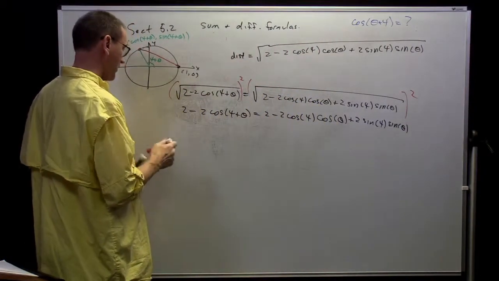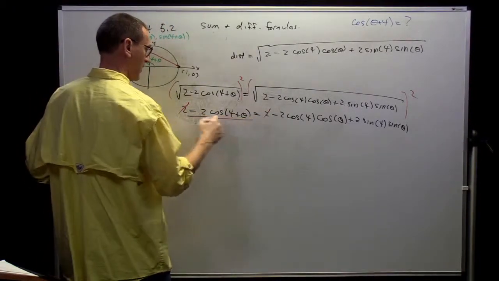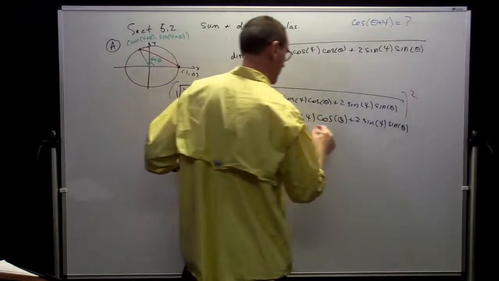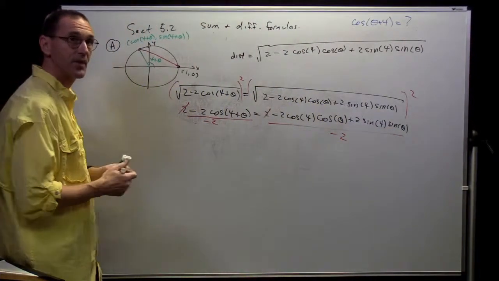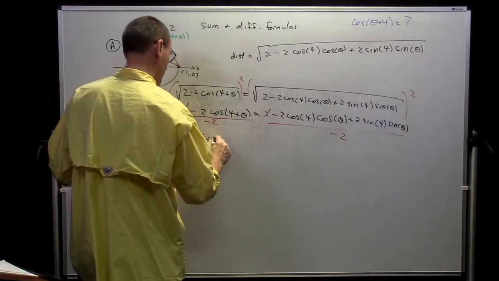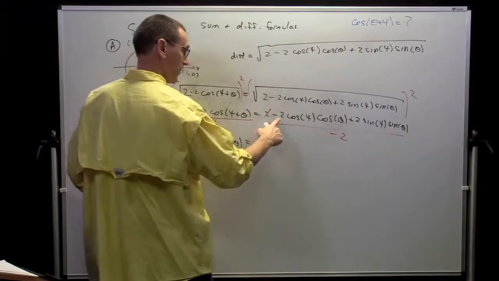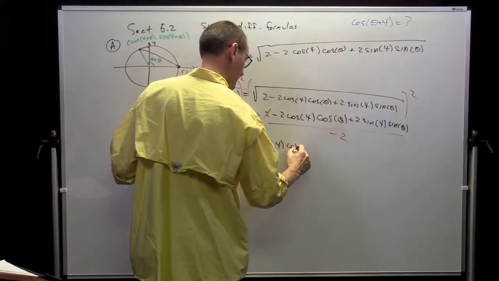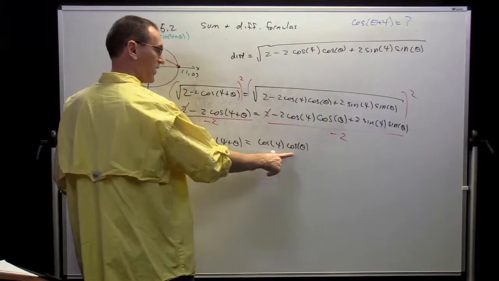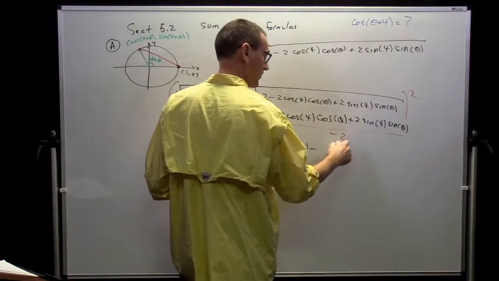Now, I can subtract 2 from both sides to get rid of that. I've got a minus 2 there. So I'm going to divide both sides by minus 2. If I do that, what do I get? I get cosine of psi plus theta. And the minus 2's are going to cancel. So I'm going to get cosine of psi, cosine of theta. I've got a plus divided by a minus. 2's cancel.